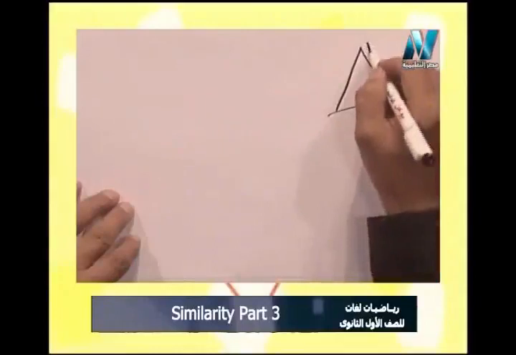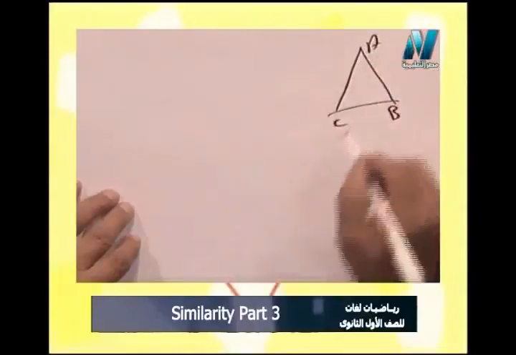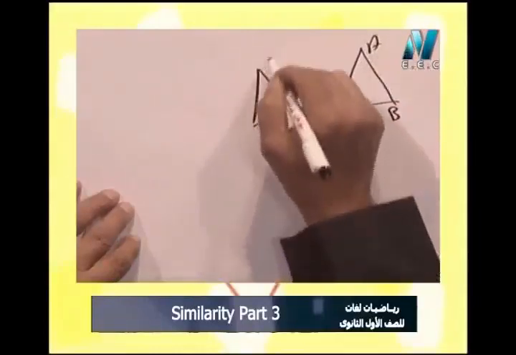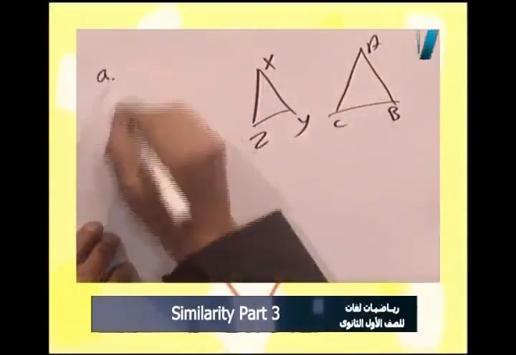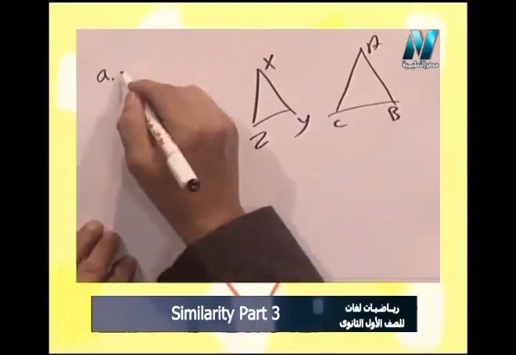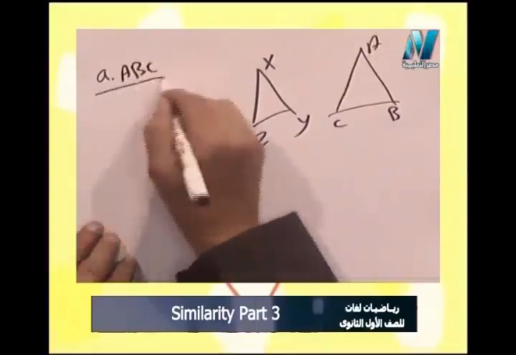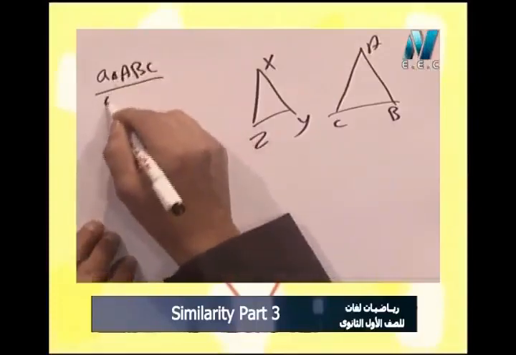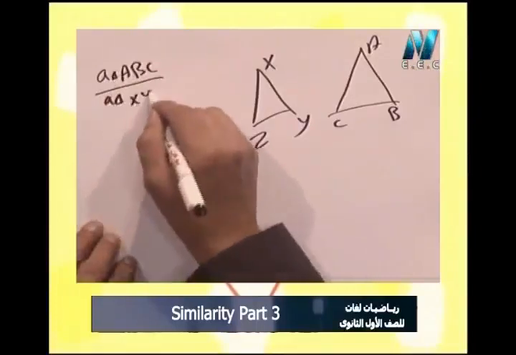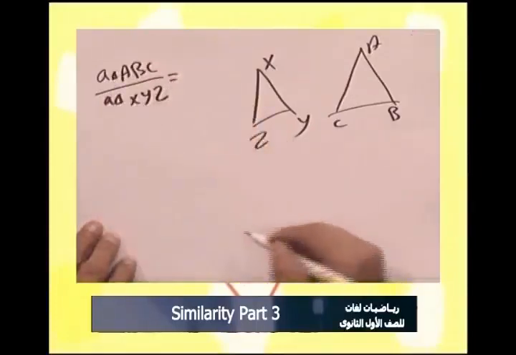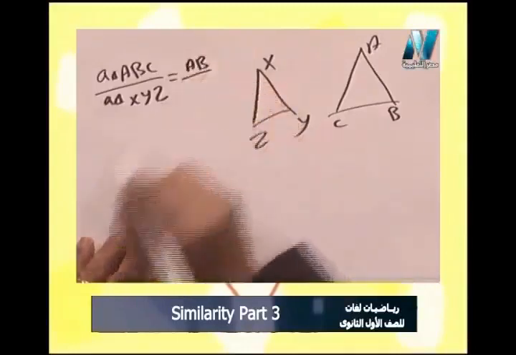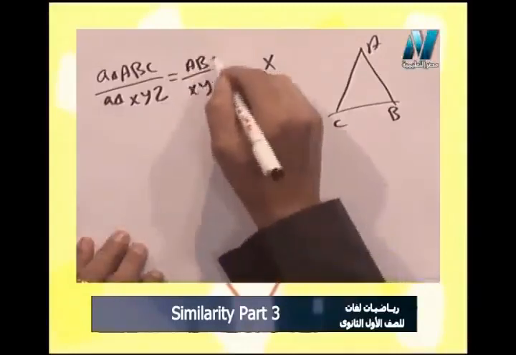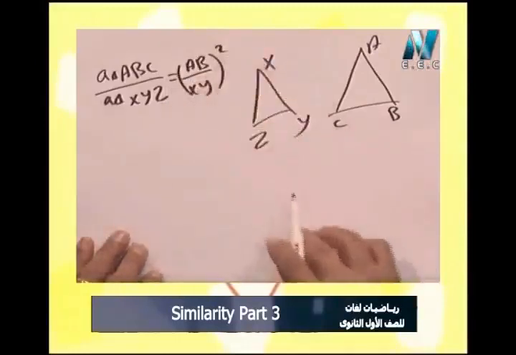If we have two triangles like that, A, B, C, and another triangle X, Y, Z, so the area of triangle ABC over area of triangle XYZ will be equal to the ratio, which is sometimes AB over XY, but all power 2.